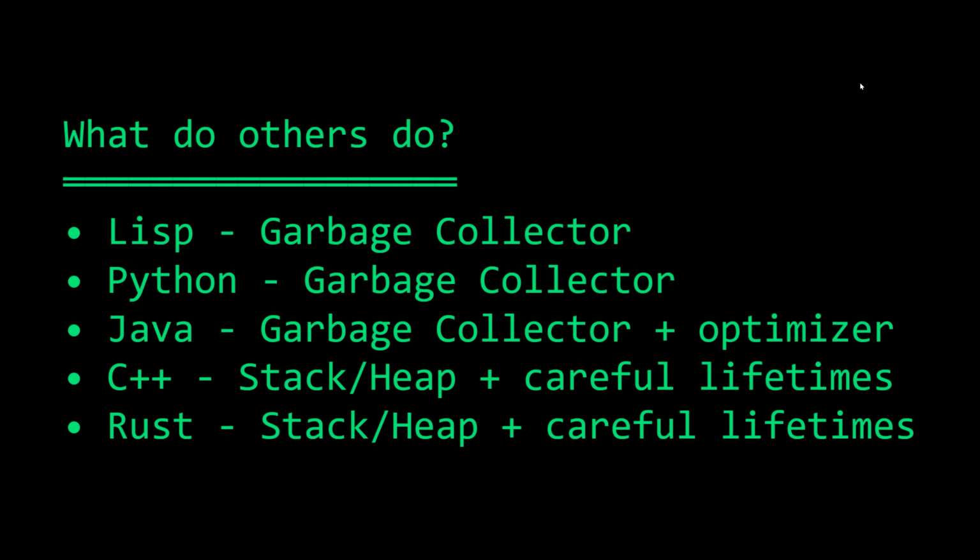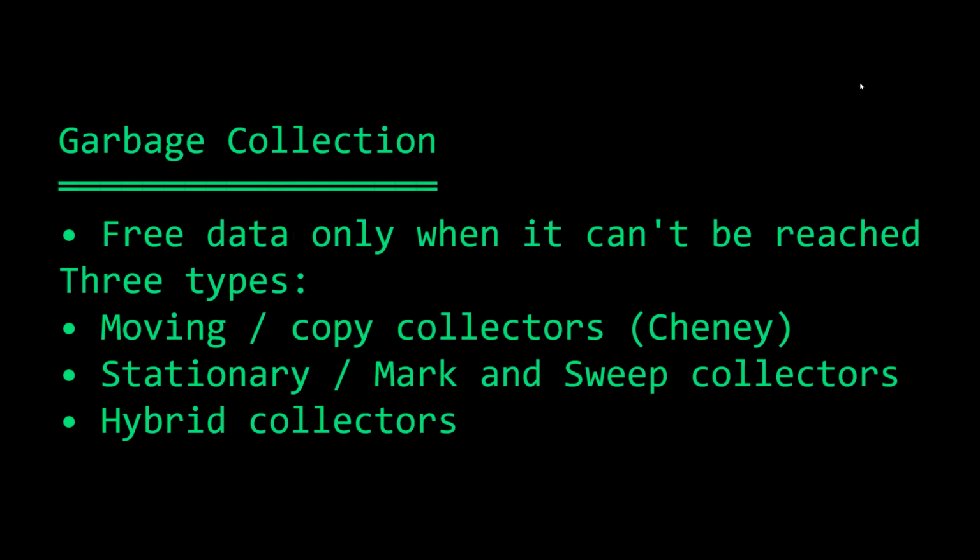The challenge, I think, for Forth is that neither of these is a terribly great fit, for a few reasons. Let's look at garbage collection first. The idea with garbage collection, recall, is that you want to free data only when you can demonstrate that it can't be reached. There are three broad types, and it's really two and then permutations.